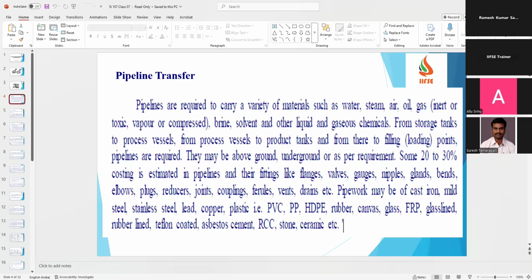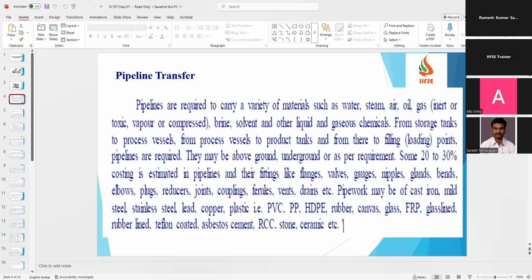Pipework may be cast iron, mild steel, stainless steel, lead, copper, or plastic, PVC, PP, HDPE, rubber, canvas, glass or FRP, then glass lined, rubber lined, Teflon coated, asbestos cement or RCC, stone or ceramic.